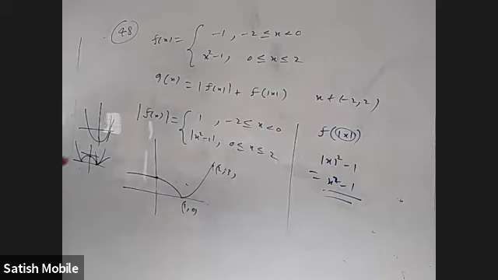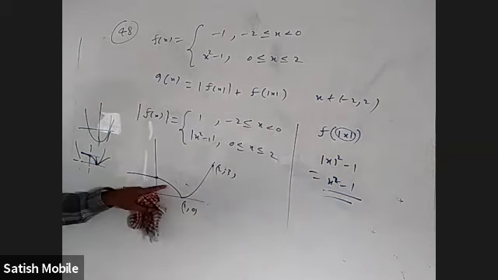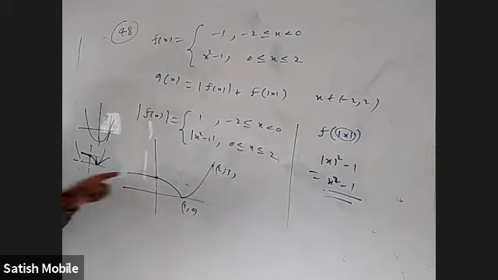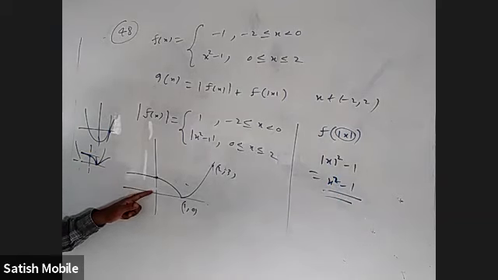At that point, the tangent is horizontal. If you remove this also, you are not changing the differentiability because this is nicely tangent to this with a very smooth transition. Okay, there is no change in the smoothness. So from the graph at 0, it is differentiable. At 1, it is not differentiable.